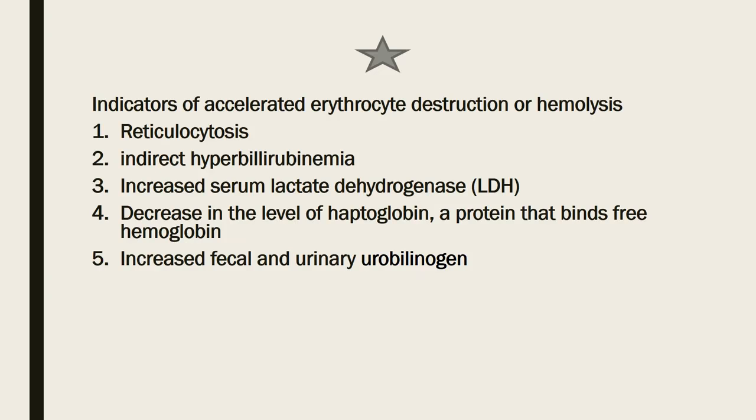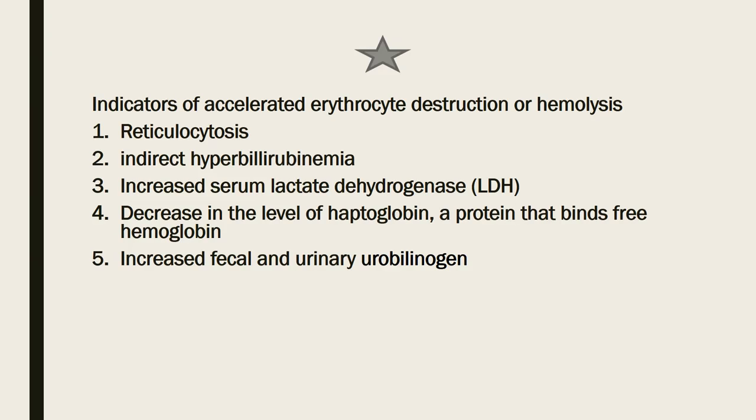If the child is having anemia with increased reticulocyte count and you are suspecting hemolysis, then go for the other indicators of accelerated erythrocyte destruction or hemolysis. So in this, with the reticulocytosis, indirect hyperbilirubinemia will be there, LDH level will be increased, and haptoglobin level will be decreased.